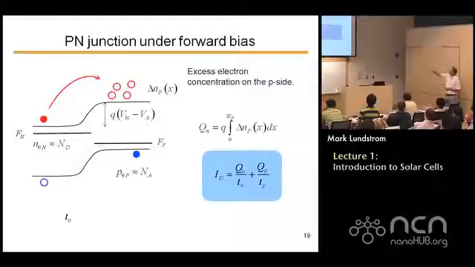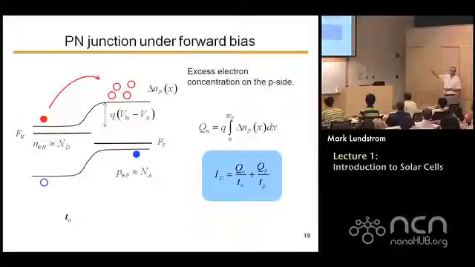So for those excess carriers, I know the current is going to be charge divided by some time, and I'll have to figure out what that time means. But current is always charge divided by time. Now, at the same time, I'm injecting excess holes onto the n side, so there's some excess hole charge Q sub p, and it will give me current also, and I just add the two up.